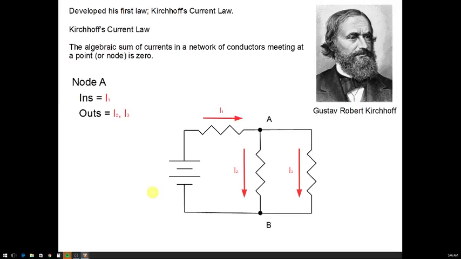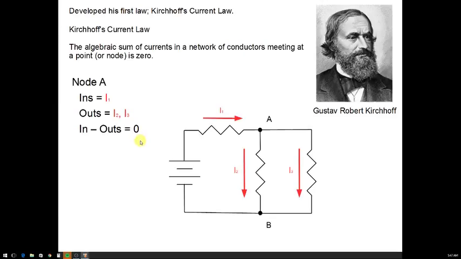Those are all of the currents either going into or coming out of node A. This is a much easier way of stating Kirchhoff's current law than that long sentence: the ins minus the outs has to equal 0.